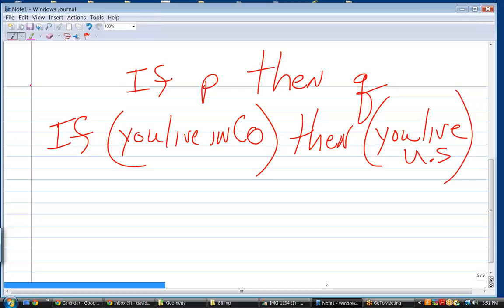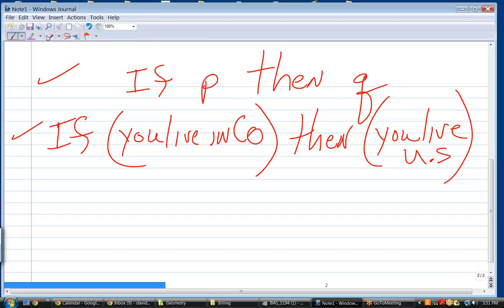But in general, if you're given this logic statement, and when I took logic at Mines, this was the very first day, they talked about if P then Q, you can tell immediately that the reverse is not always true. In other words, if I said if Q then P, that would mean that if you live in the United States, then you live in Colorado, which is not a true statement. You might live in Florida.